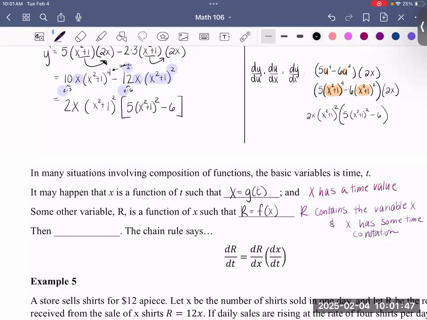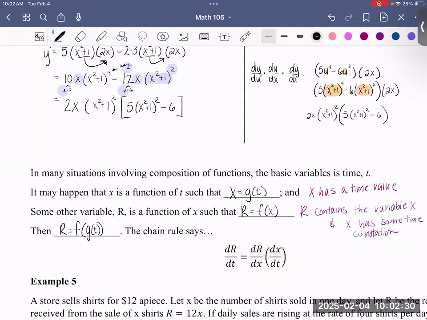Therefore, if we have r, and r is equal to typically f of x, right? But keep in mind, x is equal to g of t. So r is equal to f of g of t. So the chain rule says that if we have r of t, we need to first derive dr dx and then dx dt and multiply those together. That way these can cancel and create dr over dt.